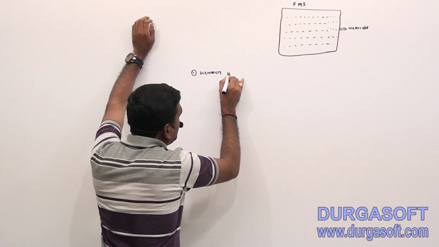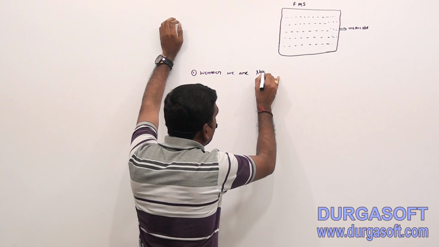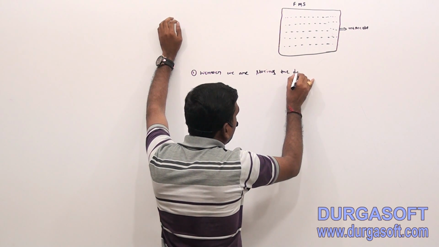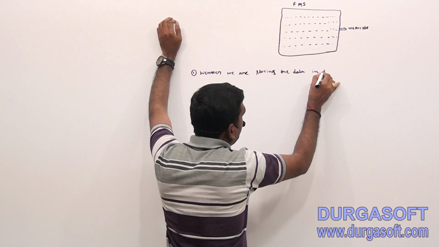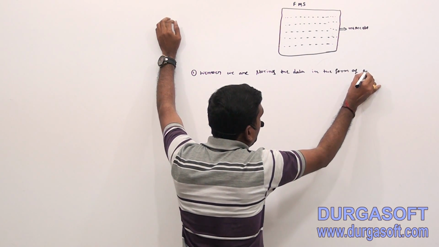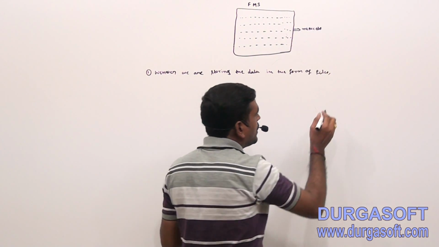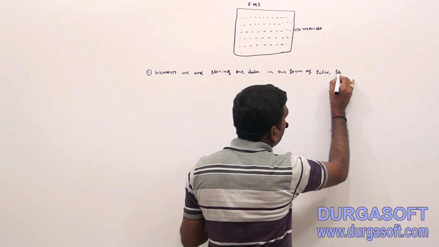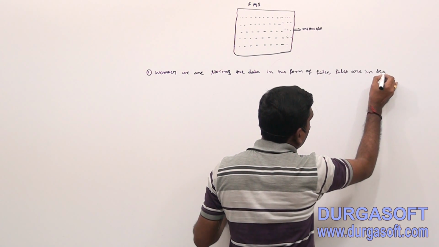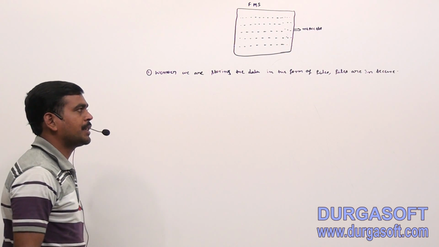Whenever we are storing the data in the form of files, files are insecure. This is the first drawback. There is no security.